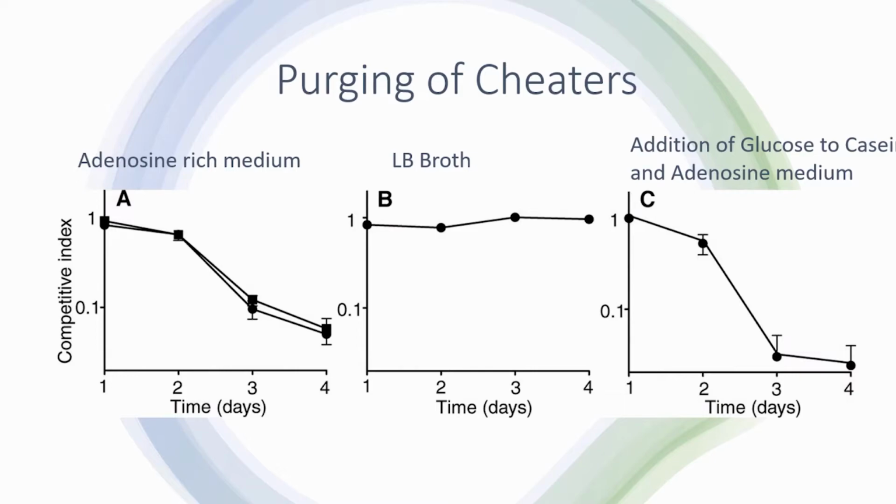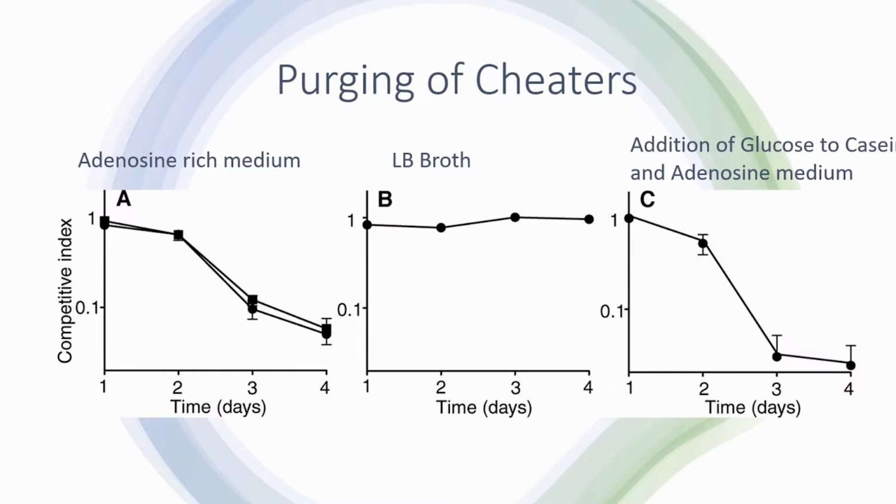So let's start with the first case, A, in an adenosine-rich medium. We see that there's a pretty good decrease in competition for cooperators. I forgot to mention that all these experiments start with both wild types and cheaters in their system, so both cooperators and cheaters.